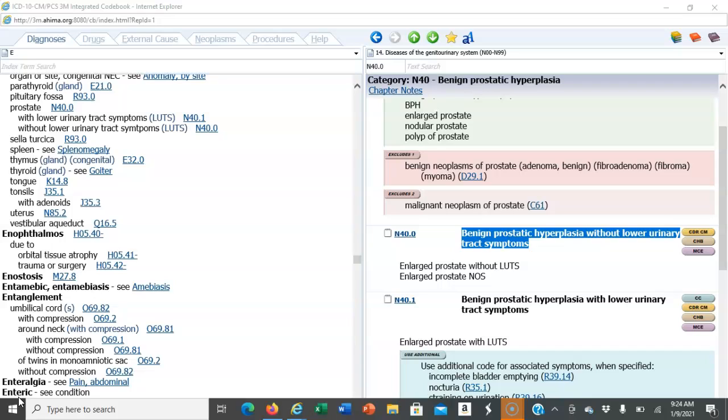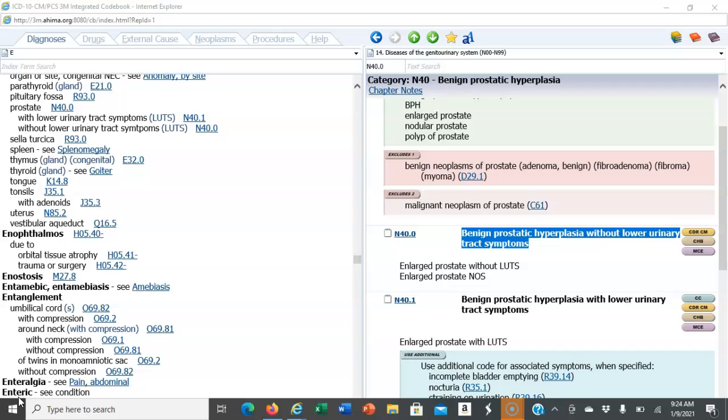PSA is a protein that's produced by the prostate gland. There's a blood test that measures PSAs in males, and it is actually a screening for prostate cancer. So if the PSA level is elevated, then there is a risk that that patient may have prostate cancer, or they might have BPH or prostatitis.